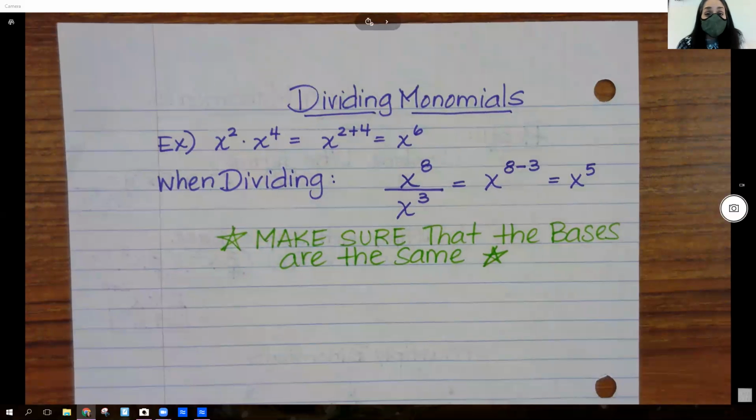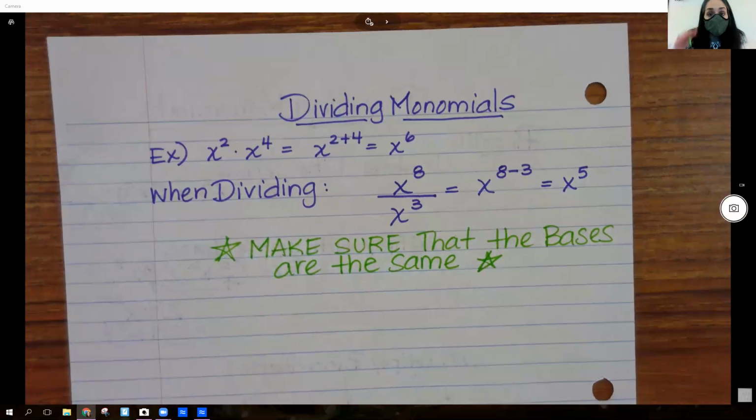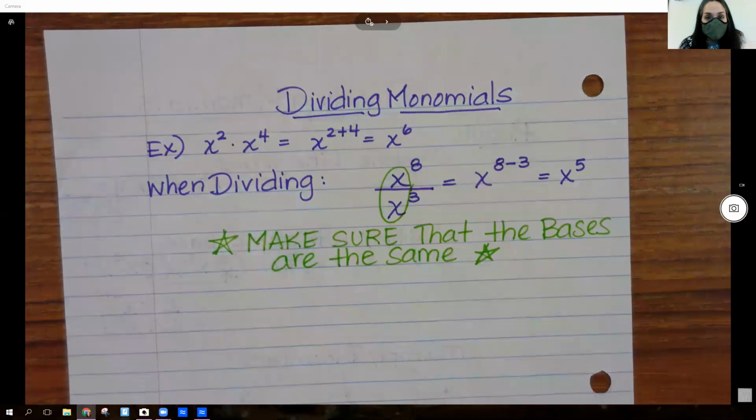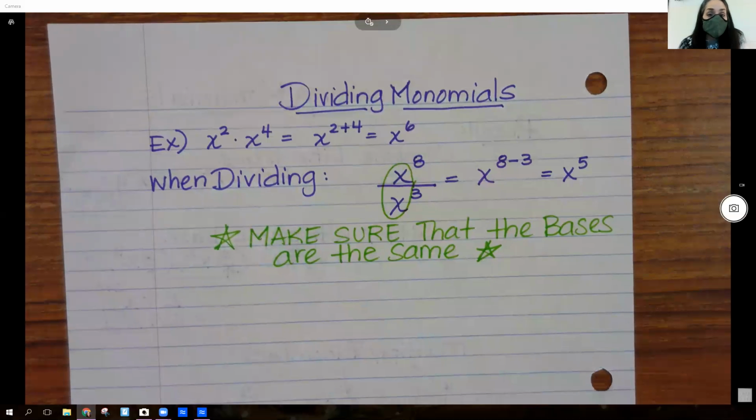So like if you have x's and y's, you got to make sure that you keep the x's in the top and the bottom together and the y's in the top and the bottom together. Don't be subtracting exponents from different variables, okay? We can't mix and match with this. It's got to be the same letter on the top and the bottom, okay? And this works for numbers, it works for letters, it doesn't matter.